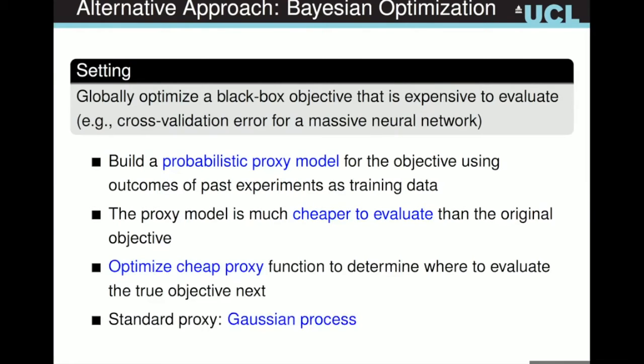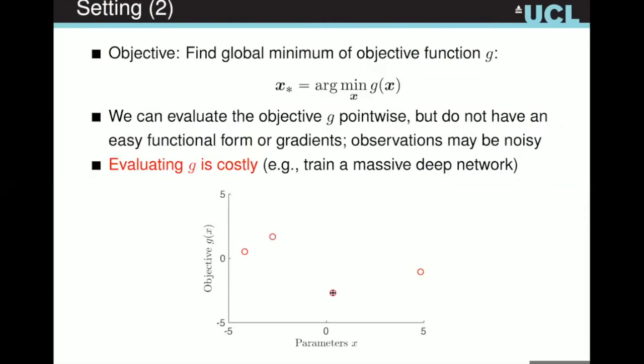What ties this back to what we've done this week is that the standard approximate or proxy model used in Bayesian optimization is a Gaussian process. To formalize this a little more, the setting is that we are interested in finding a global minimum of an objective function g.